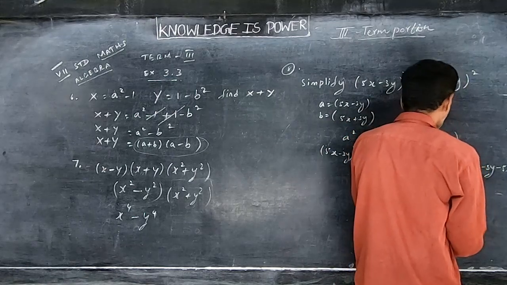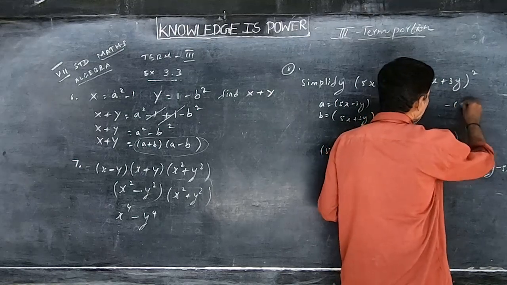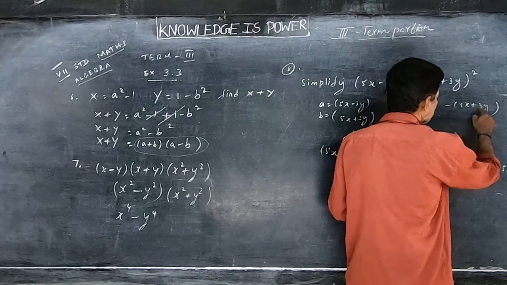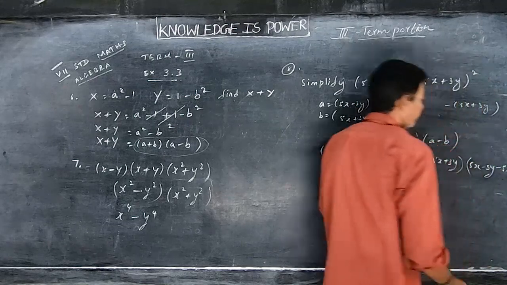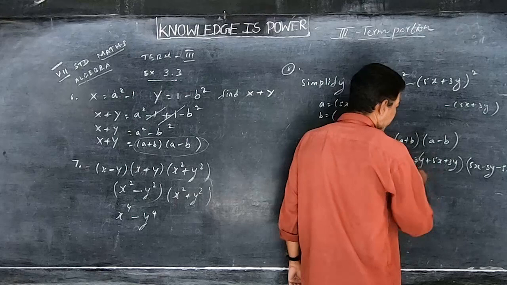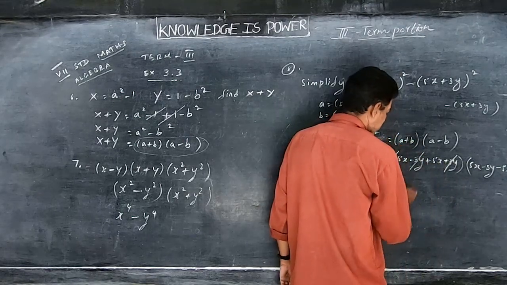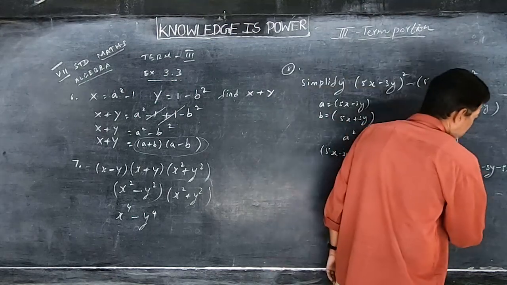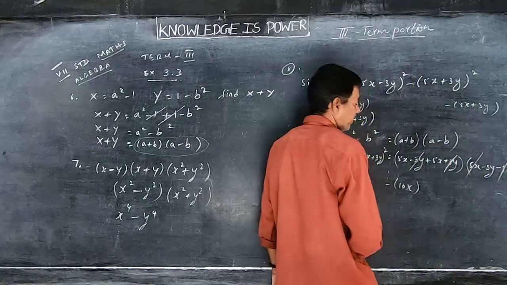So minus B means it will become minus. Suppose there is minus (5x plus 3y): minus into this is minus 5x, and in the same way minus 3y. How can we split now? Plus 3y and minus 3y cancel. 5x plus 5x is 10x. Here, what can cancel? 5x and minus 5x cancel.